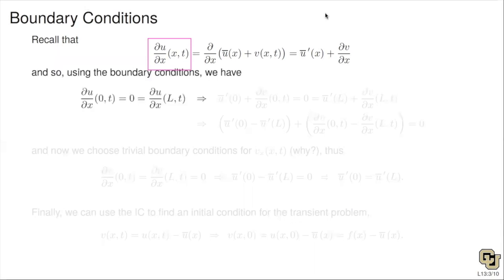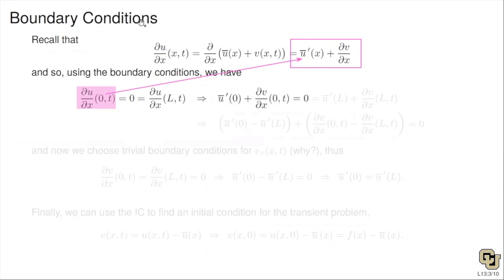So here we have these trivial Neumann boundary conditions. And so I'm going to now replace this with this. And the x gets replaced with 0. So that's what I have right here.